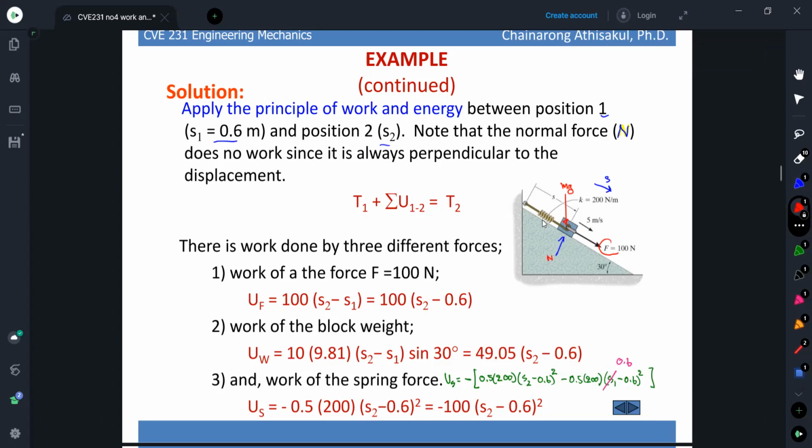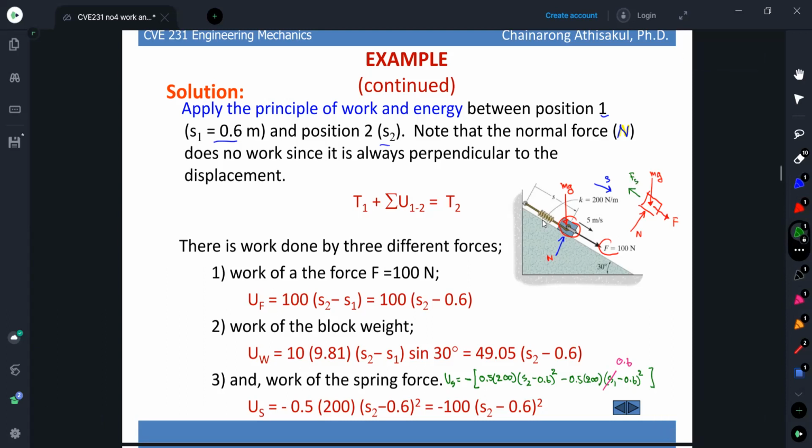If we consider the block as a particle, we have the weight, the normal force, the applied force, and also the spring force.